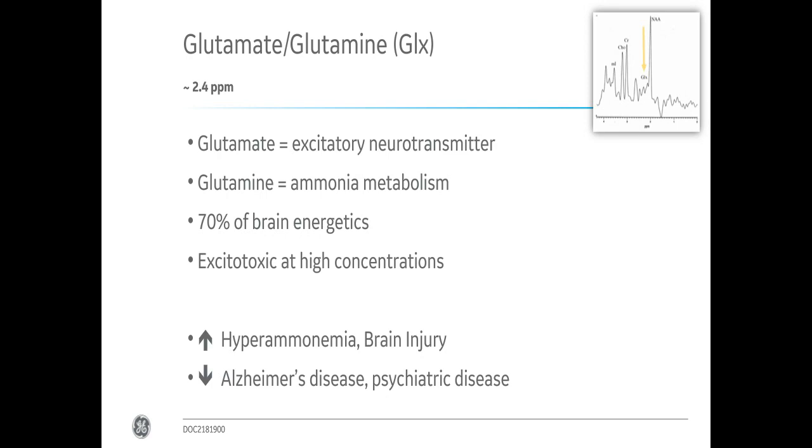Glutamine, as I said, has a different role. The glutamine cycle is a cycle by which ammonia is processed within the brain.